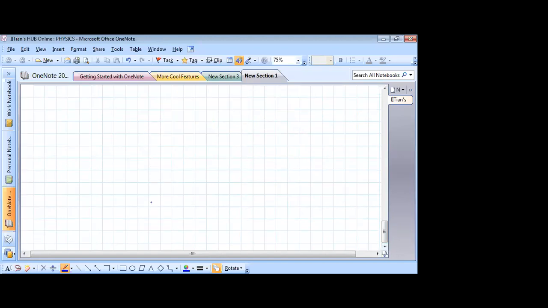So if we started from some origin, suppose the vector A starts from the origin, then from A's head the vector B takes you somewhere here.